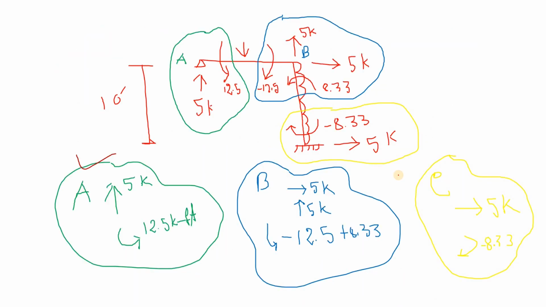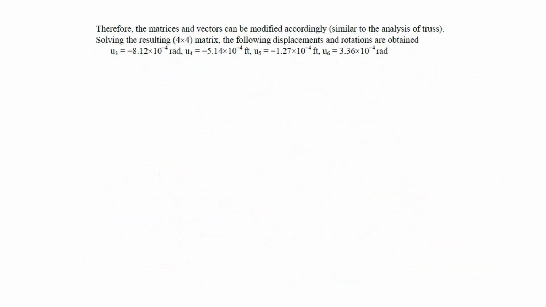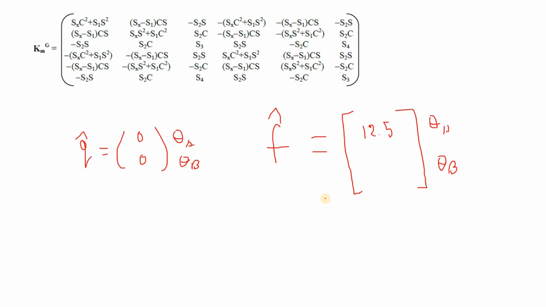And if we look at point B, you can see there are two moment values. One is negative 12.5, another is positive 8.33. If you add negative 12.5 and positive 8.33, you get negative 4.17. So we're going to write negative 4.17.